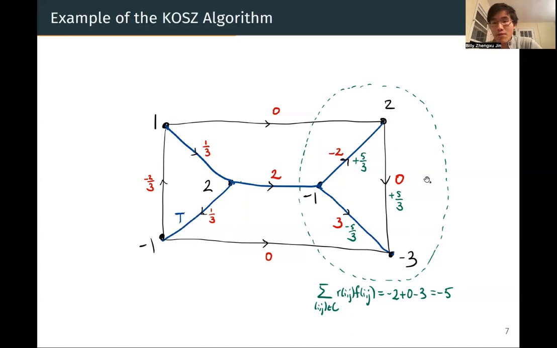And so pushing flow along this cycle means that this edge will have an opposite sign from the other two. And the resulting flow will satisfy KPL. And the Coase algorithm just keeps doing this, and you can show that this will make the resulting flow converge to the electrical flow in a nearly linear number of iterations.